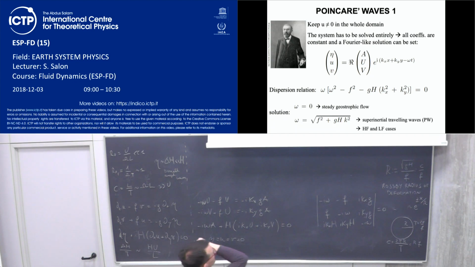So this dispersion relation has two solutions. The first one is omega equal to 0. And omega equal to 0 is a steady geostrophic flow. Okay? Why?